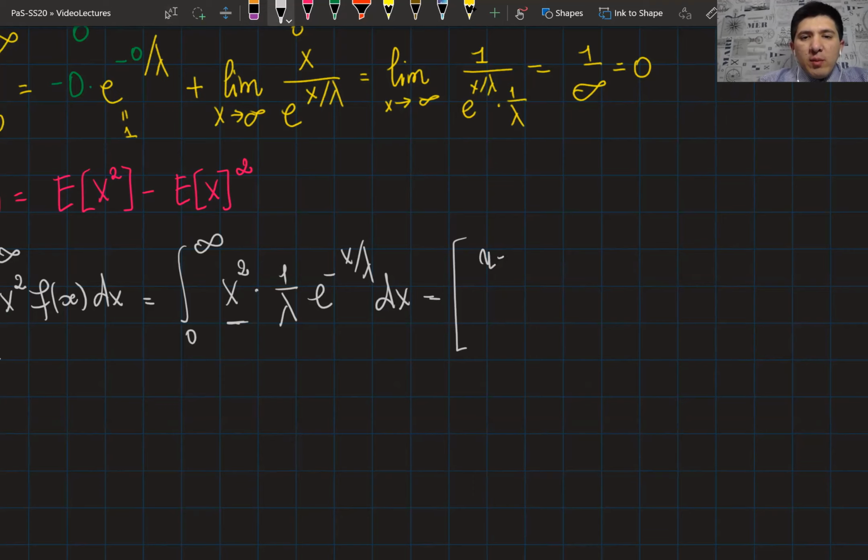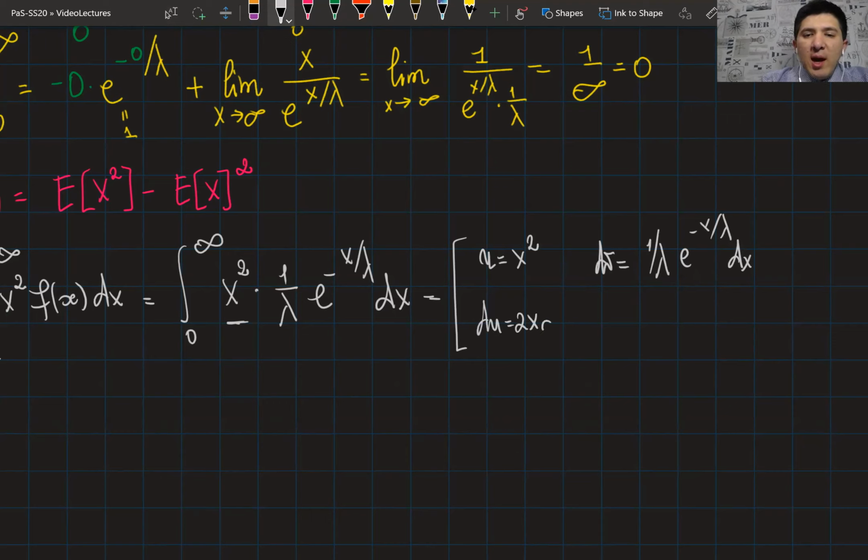So u is equal to x squared, dv is equal to 1 over lambda e to the power of minus x over lambda dx. du is equal to 2x dx, and v is equal to minus e to the power of minus x over lambda.